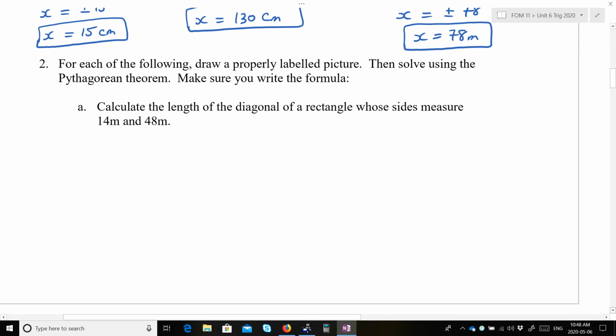Number 2 says, for each of the following, draw a properly labeled picture, then solve using the Pythagorean theorem. Make sure you write the formula. Calculate the length of the diagonal of a rectangle whose sides measure 14 meters and 48 meters. Okay, so a rectangle.